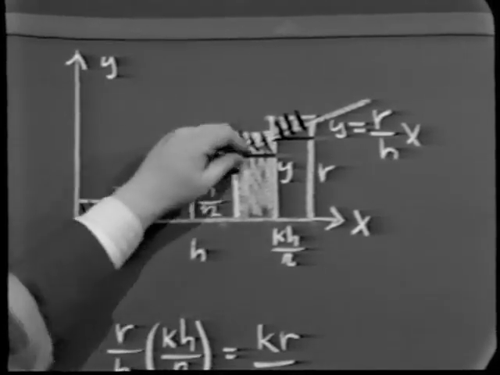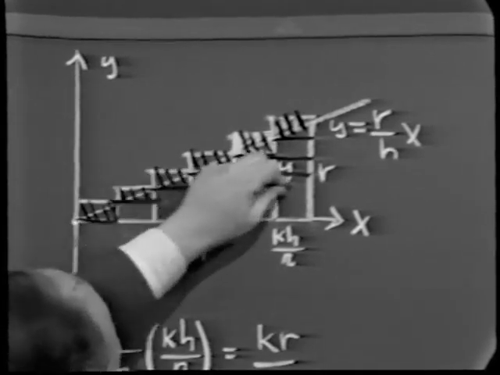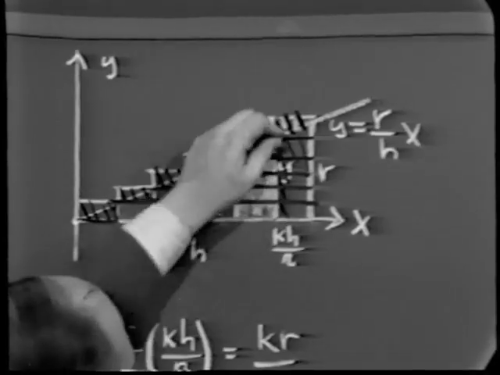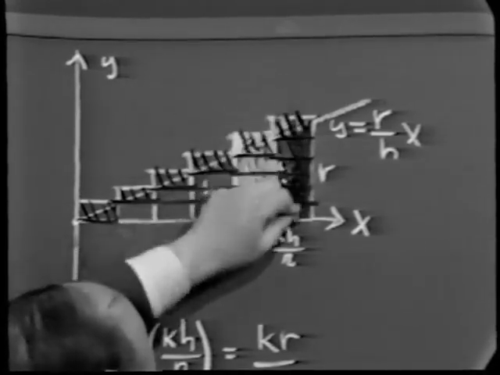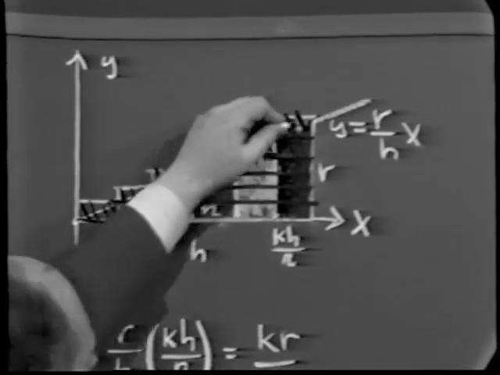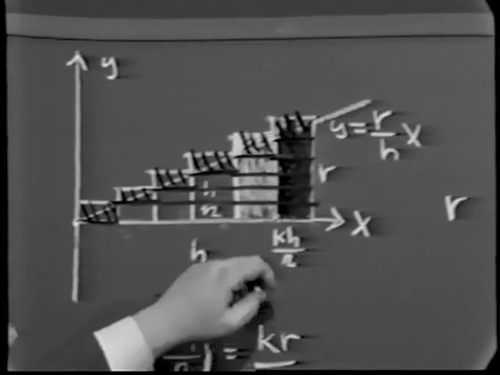Notice, however, that each of these pieces fits very nicely in here, so that the total error between an approximation which is too big and an approximation which is too small is this height, which is r, okay?